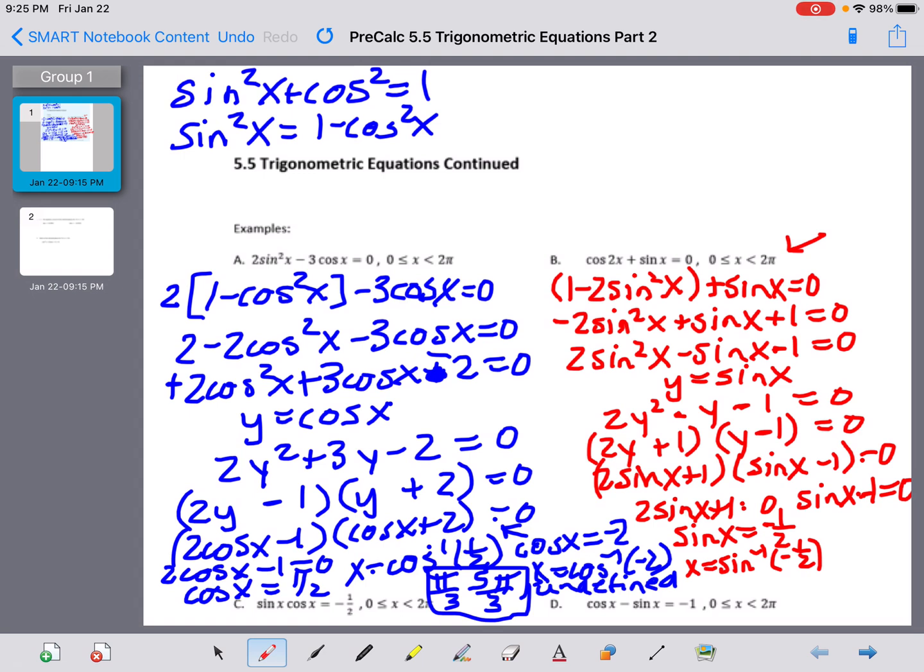Negative signs have to be in the third and fourth quadrant, and that's my y value, my 1/2. So I believe those come from my pi over 6's, and that's in the third quadrant going to be 7 pi over 6. I really don't need to add 2 pi because it'll be outside of the circle. In my fourth quadrant, 11 pi over 6. Don't want to add 2 pi. It'll be past my circle.